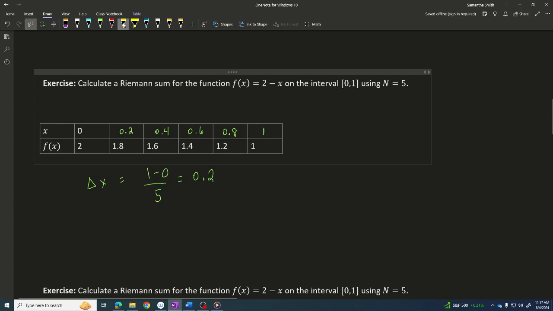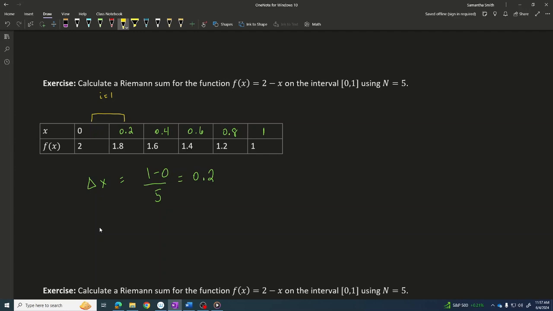Now I have a decision to make. If I go in, for example, to the very first chunk of this interval, corresponding to i equals 1, I need to make a decision about which x value in that interval I want to use.